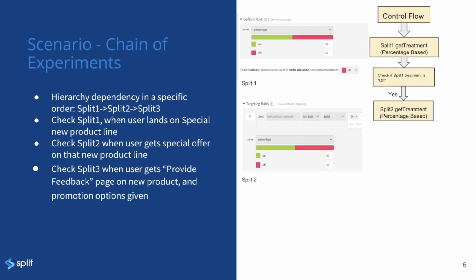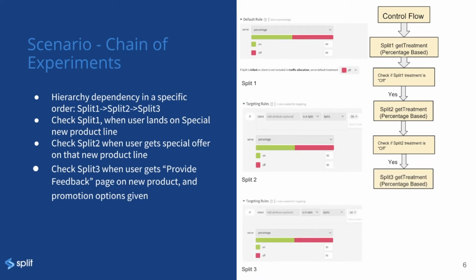Now let's say after the user got into the special offer, we want to provide a feedback feature on our new product and our special offer. So obviously we would need a third split so that only the users who got on in the first split and got on the second split participate in this third experiment.